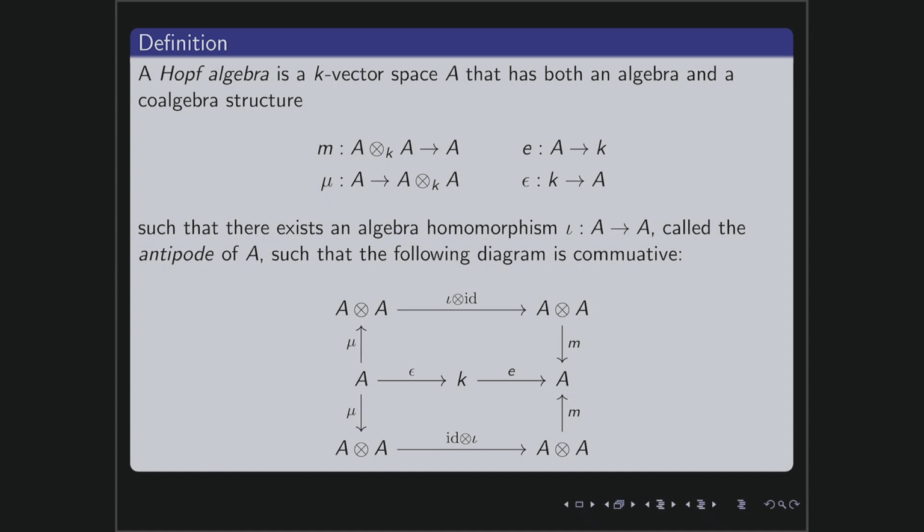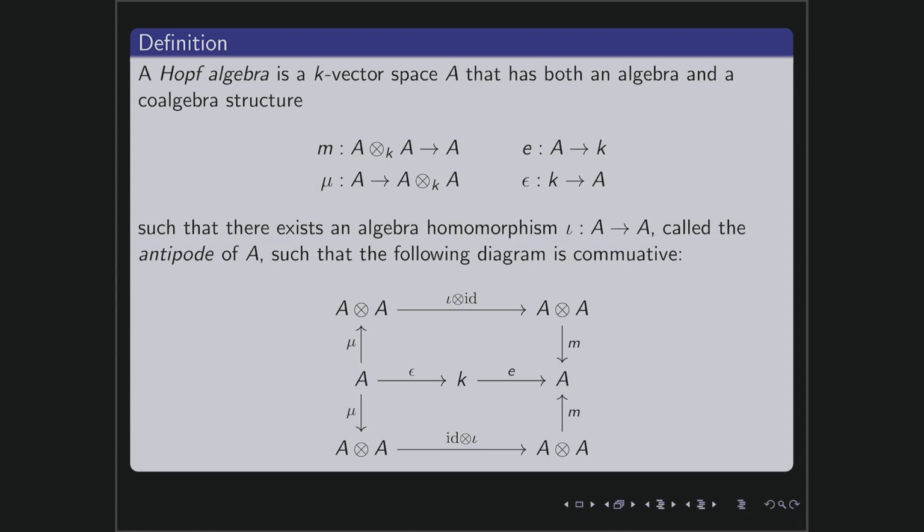The group structure I have given here with a Hopf algebra is the following. The group structure I can give here is just given by the following law. If I have ring homomorphisms F and G from A to R, I can define G times F as the following composition.